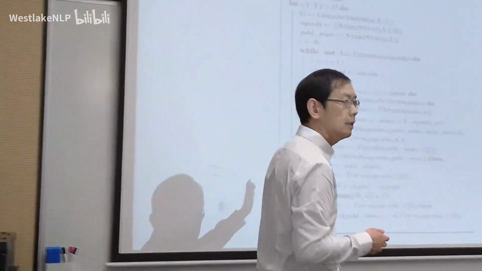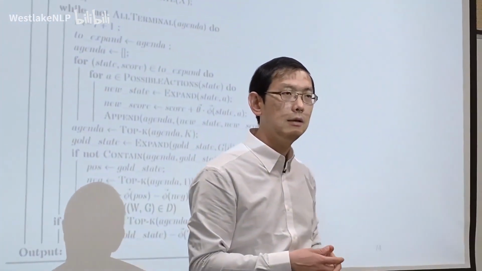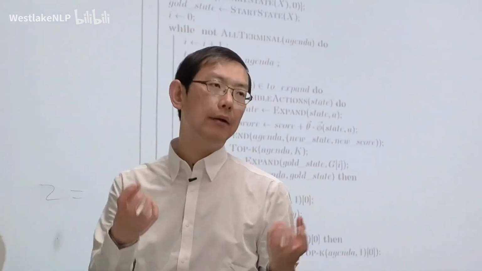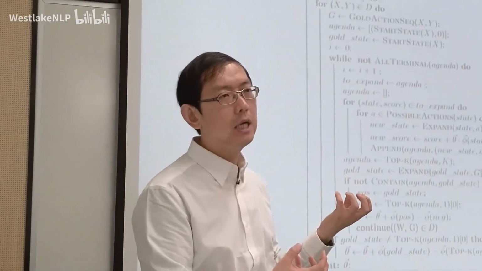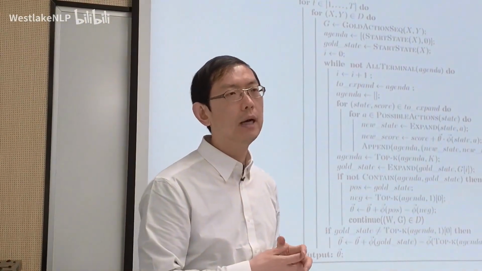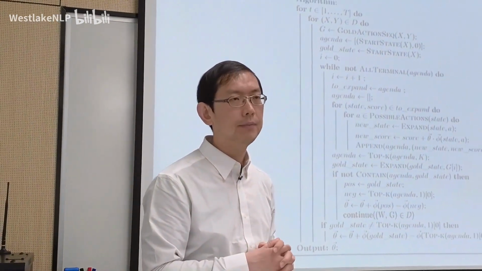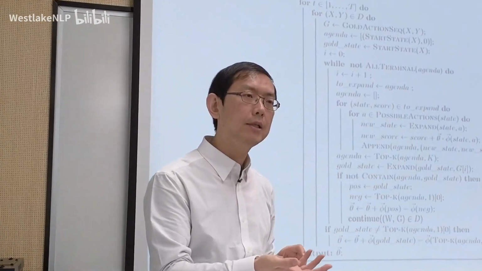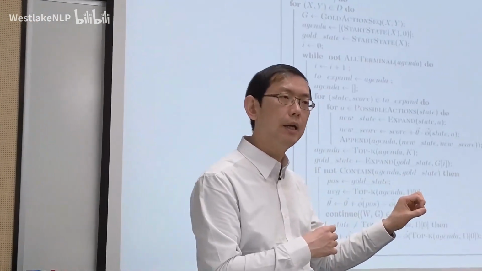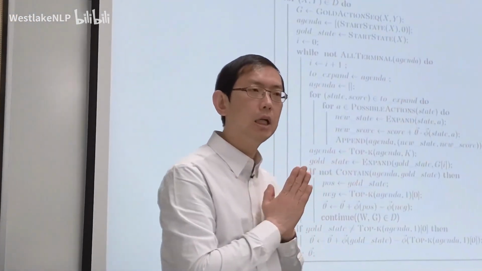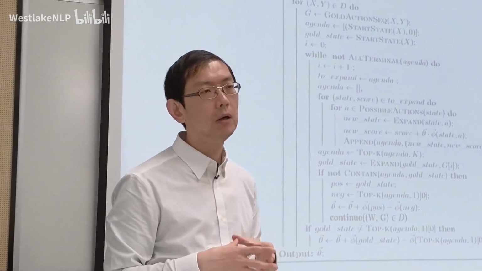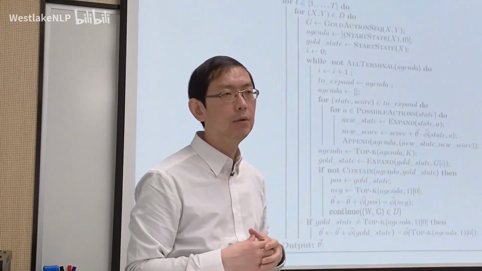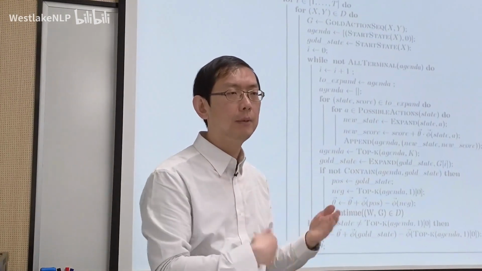What if the search process goes until the end? If the search process goes until the end, then our final agenda must contain a gold item, right? Gold action sequence. Now, the criteria is if the gold action sequence is not ranked on top of the agenda, we still need to update the model. So we take the top of the agenda as a negative example, and we perform the perceptron update.